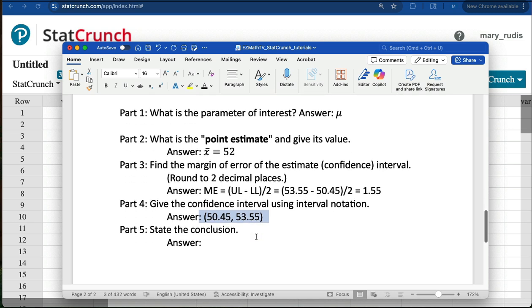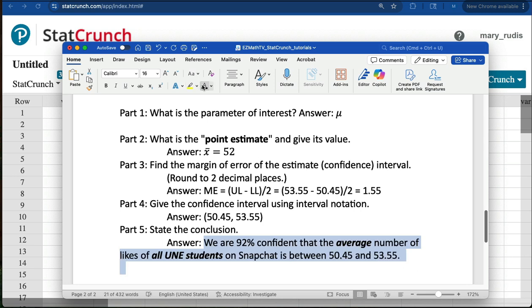Lastly, we're going to state our conclusion. So our conclusion is we are 92% confident that the average number of likes of all UNE students on Snapchat is between 50.45 and 53.55. Notice that's an average.